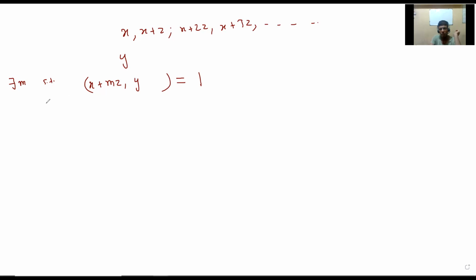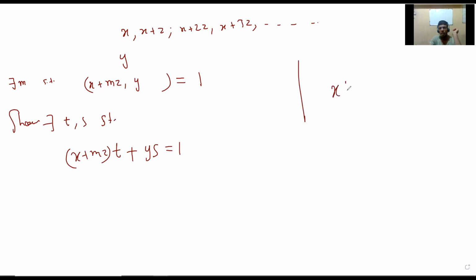So how do you use that then? You want to show that there exist maybe not a and b but t and s such that xt plus ys is 1.